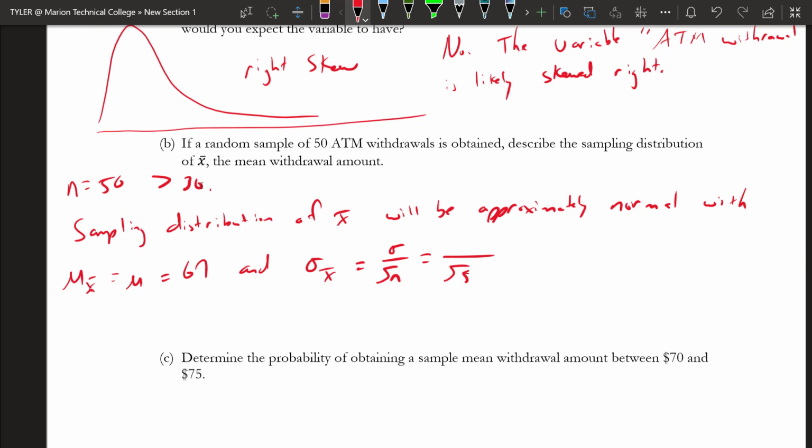And the standard deviation from above, we were told to assume 35. Right? And if I round this to 4 decimal places, I get 4.9497.